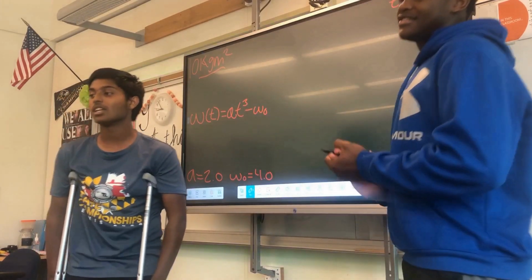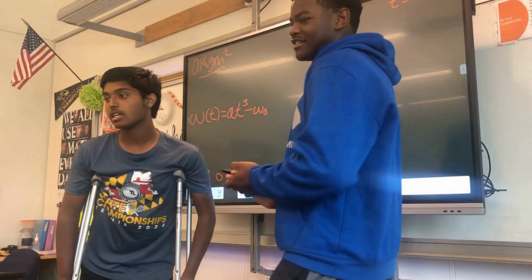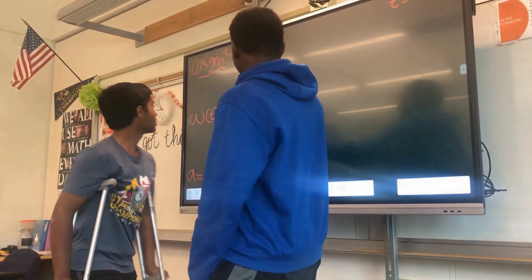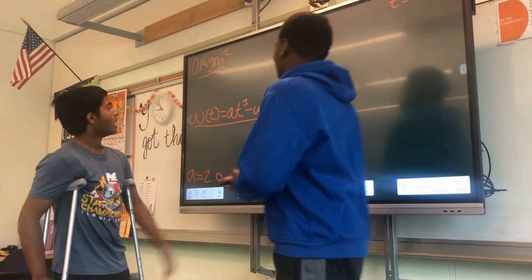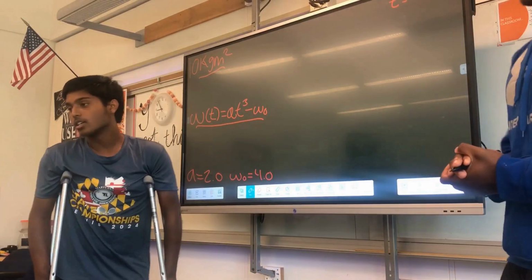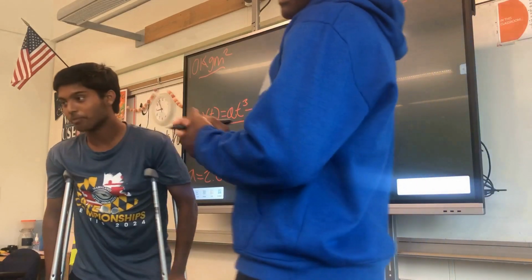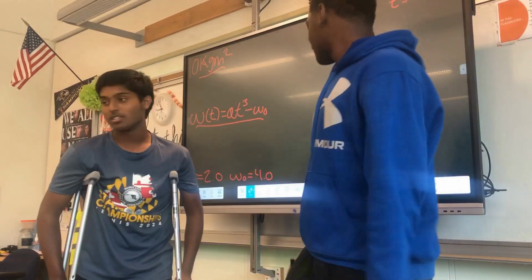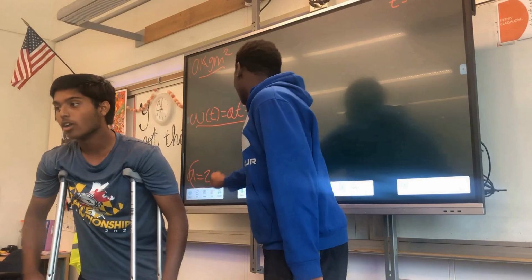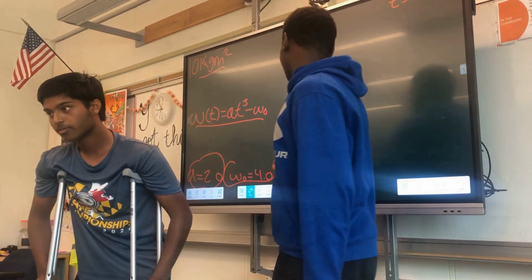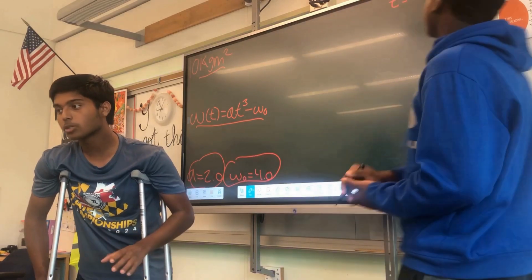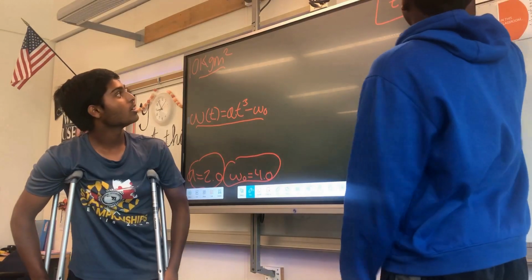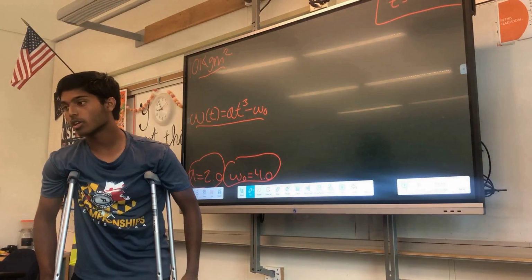The object has an angular velocity, omega, as a function of time, and that equation is given right here: omega equals alpha t cubed minus omega 0, which is the initial omega, where alpha is equal to 2 and initial omega is 4. The angular displacement of the object from t equals 1 to t equals 3 is what we're trying to find.